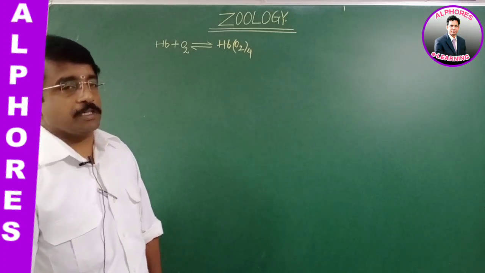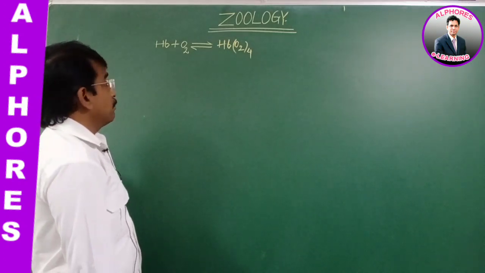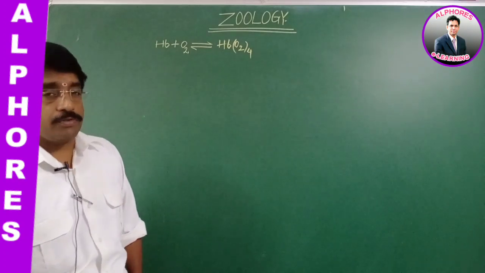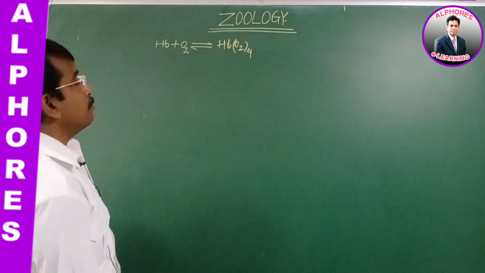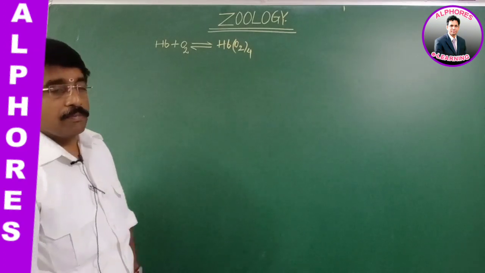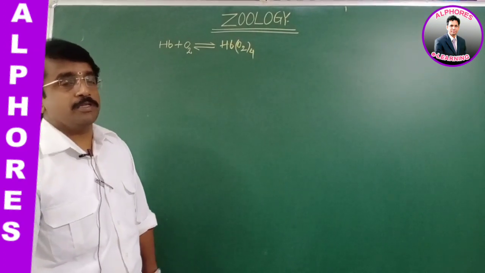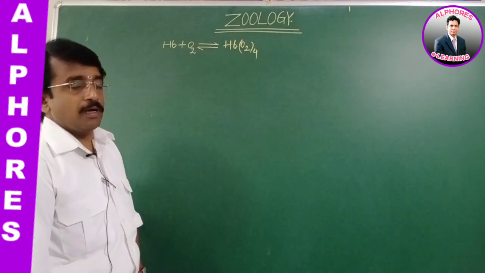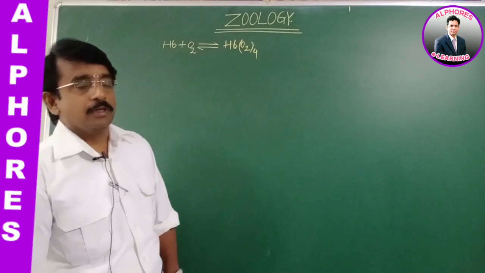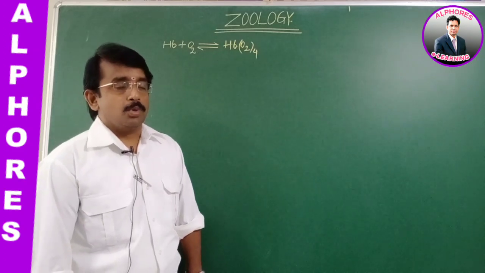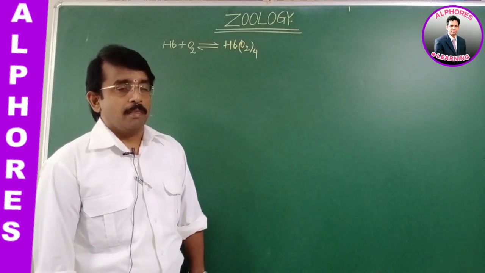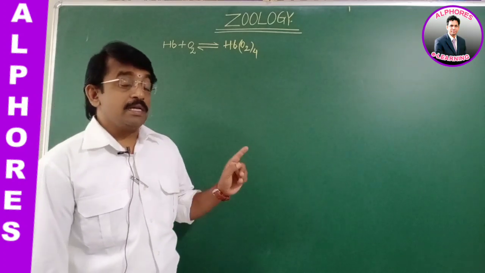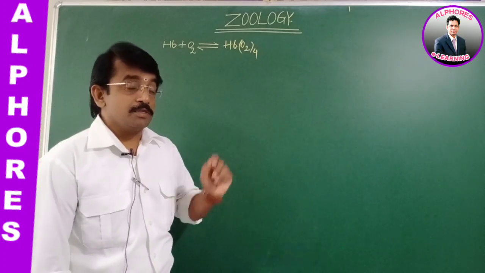The transport of oxygen takes place in two forms: one by means of the plasma, and the other by means of RBC. Through the plasma, only 3% of the O2 is transported by solubility, whereas 97% is by RBC.